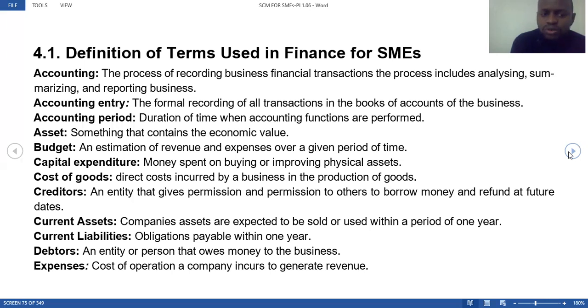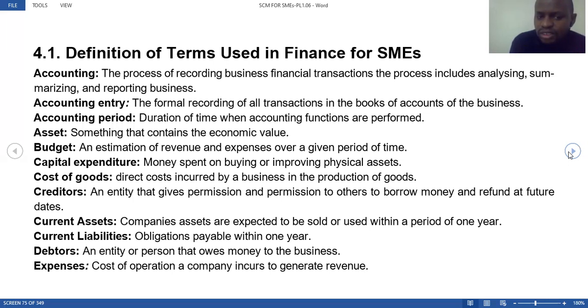Then you have cost of goods, where we have direct costs incurred by a business in the production of goods. Remember, every day organizations spend a lot of money for purposes of production or operation of business. All that is referred to as the cost of goods. Then we have creditors.